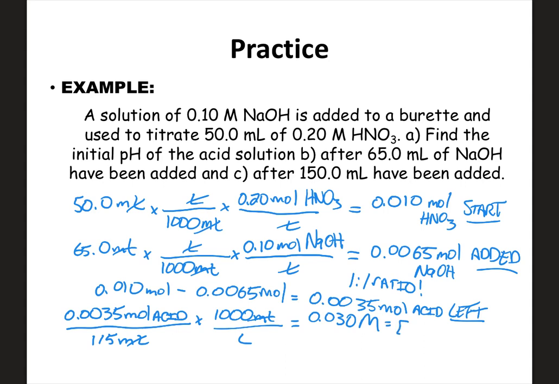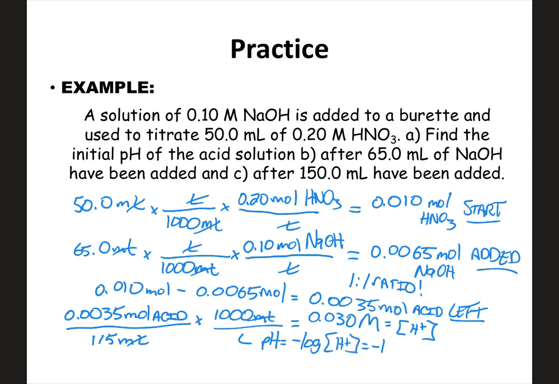And remember, this is a strong acid, so if I know the concentration of the acid itself, this is the concentration of the H plus. So this is my concentration of the H plus that is still remaining. If I want to know the pH of that, I know pH is equal to negative log of the concentration of H plus.